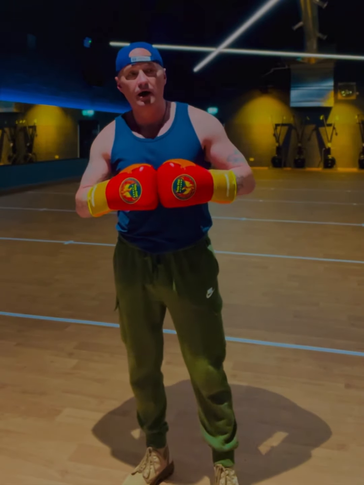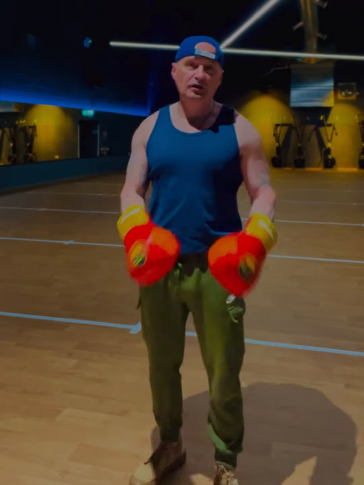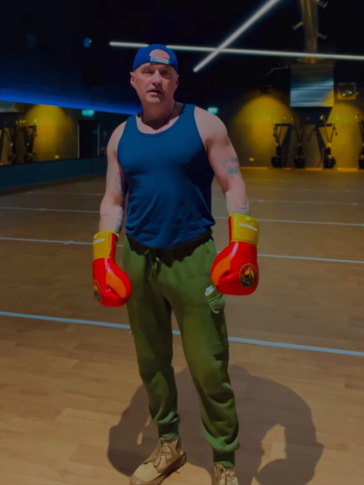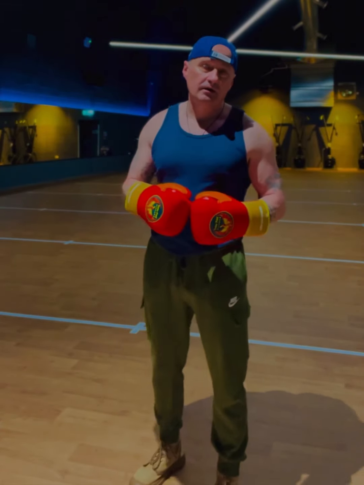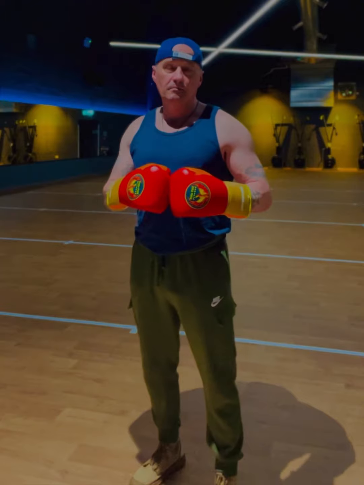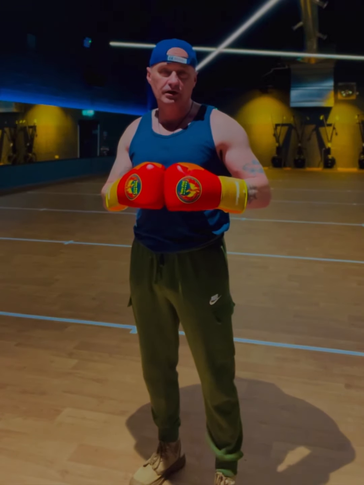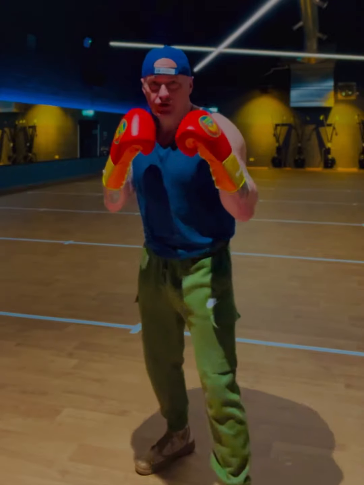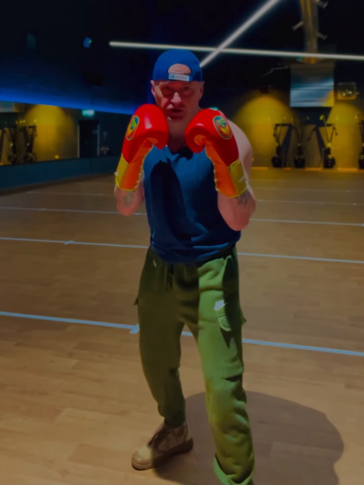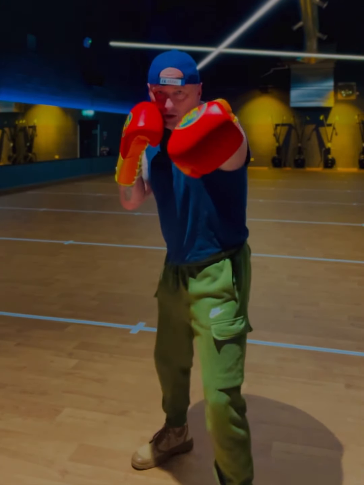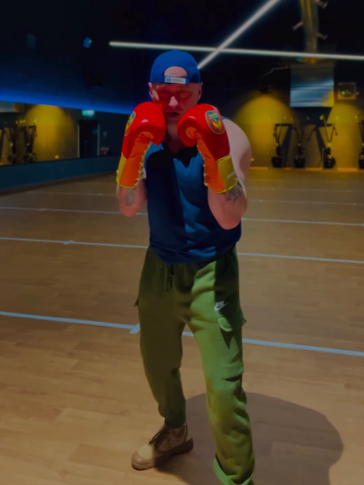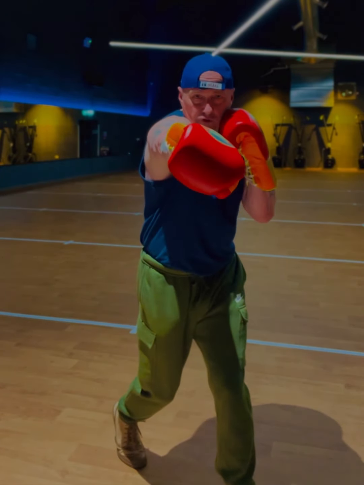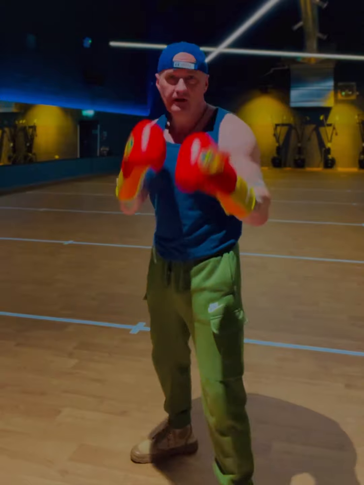Okay, so the governing body's training regime separates punches basically into 2 differentials, and they talk about straight shots, straight punches. So those are your lead hand straight shot and the rear hand straight shot.